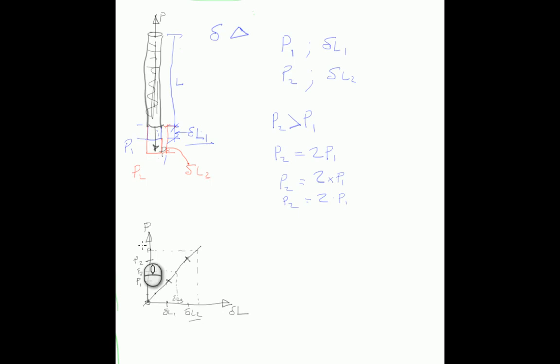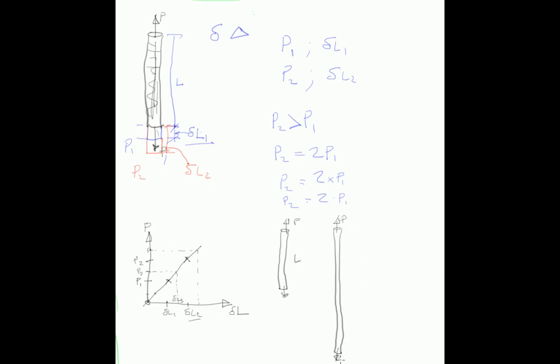so if we now imagine that this rod, instead of being L long, let's have this rod which was L, which we apply the force P to. If we now have a rod which is twice as long, that has the same P value, so all of the things are the same apart from its length.